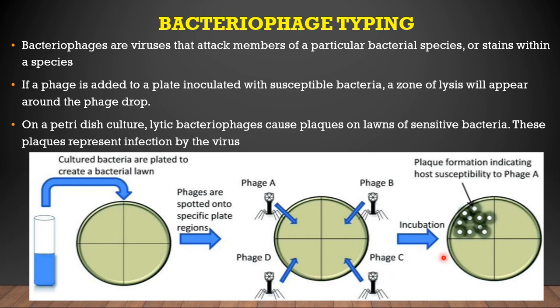After the plate is incubated for 24 hours, it is observed for plaques. The phage type is reported as a specific genus and species followed by the types that can infect the bacteria. So this is how you identify the specific type of the bacteria by the bacteriophage typing method.